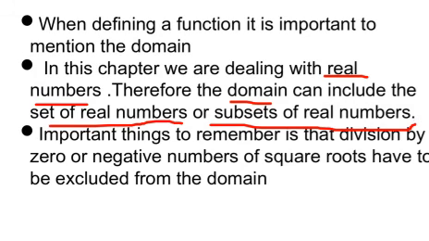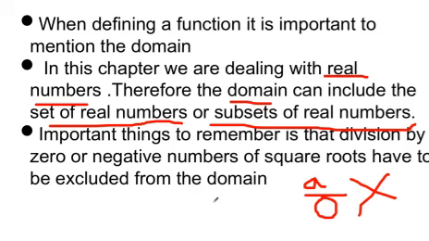So an important thing to remember is division by zero. What is division by zero? We have mentioned this earlier: any number, say a, divided by zero. You cannot have this, right? So you should remember to exclude any points which give you a real number divided by zero.